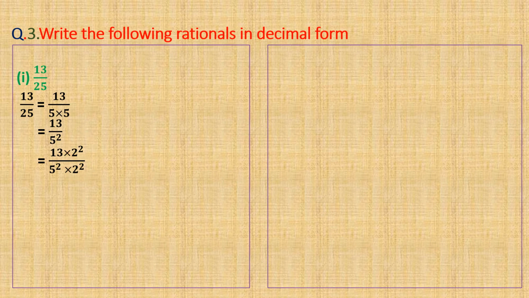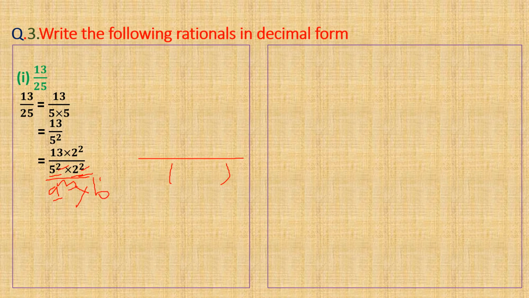So do the product for the numerator, and for the denominator, don't multiply 25 again. Here it is easy only because the power is 2. But if the power is a big number like 4, 5, 7, 8, it will be difficult to do the multiplication. So in this case, as the powers are the same, it is in the form of a power m into b power m, with different bases but the same power m.